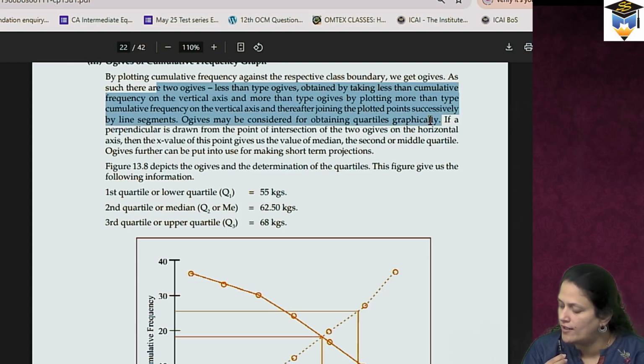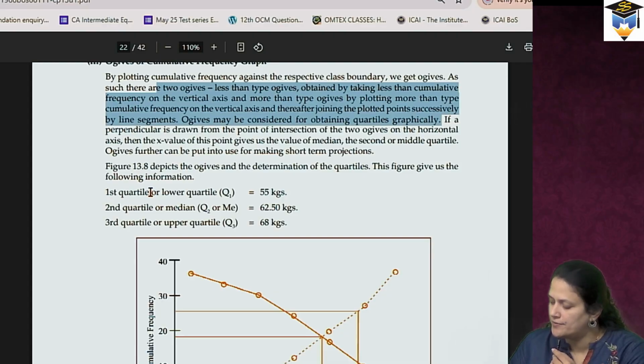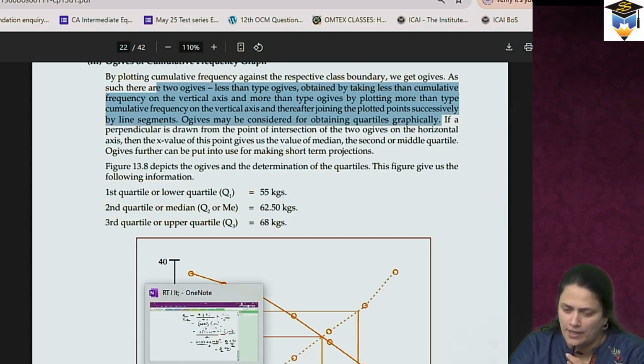Quartile. You can see the spelling over here. A quartile divides a data set into 4 equal parts.